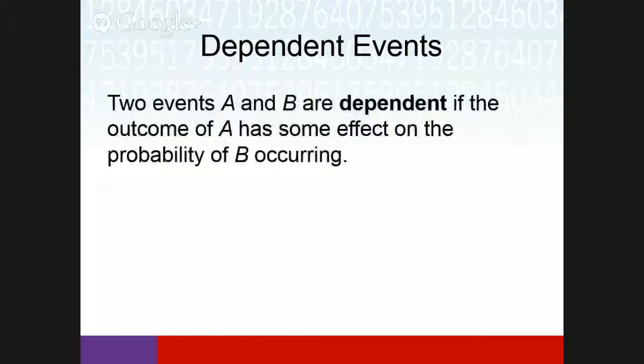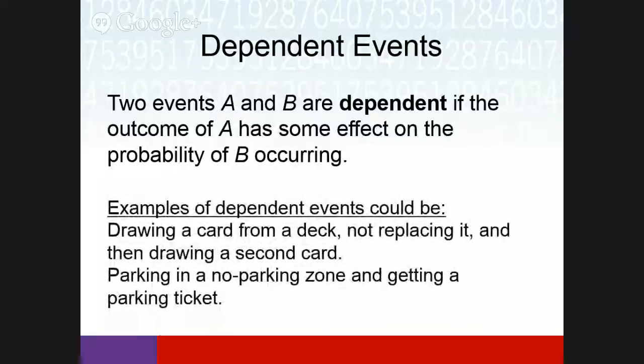Dependent events means knowing the outcome of event A changes the probability of event B happening. An example: drawing from a deck of cards by not replacing it, then drawing a second card. Parking in a no parking zone and getting a parking ticket. If you park in a no parking zone, the probability you're going to get a ticket is higher than if you just park somewhere.